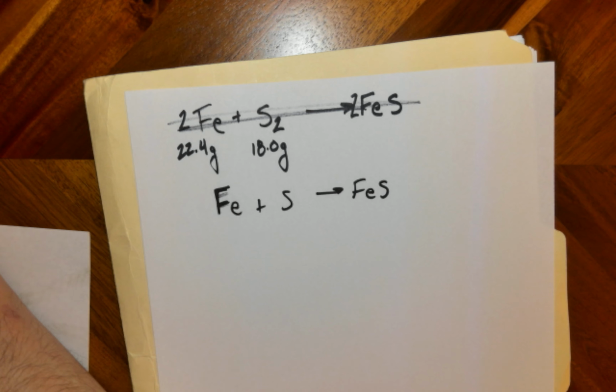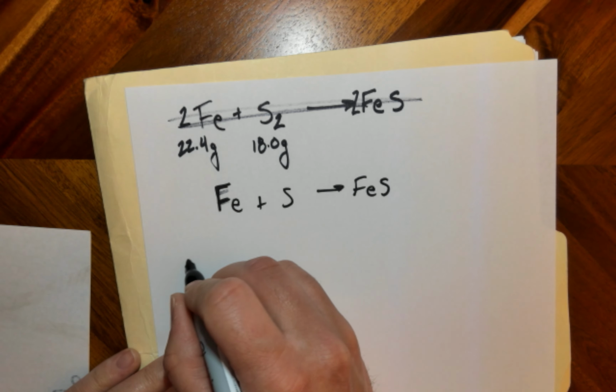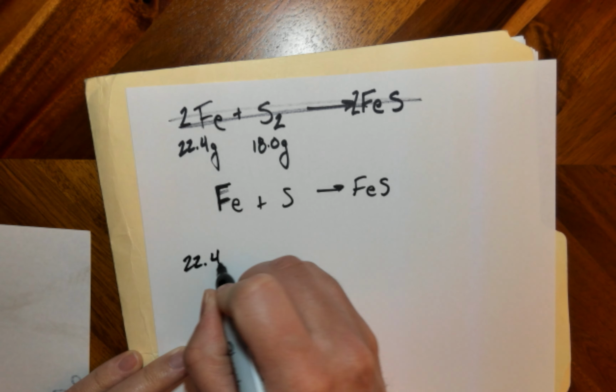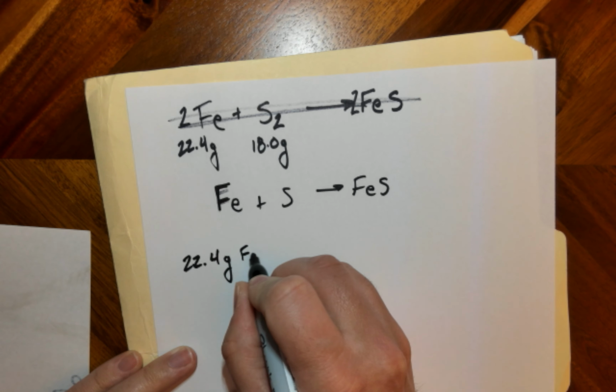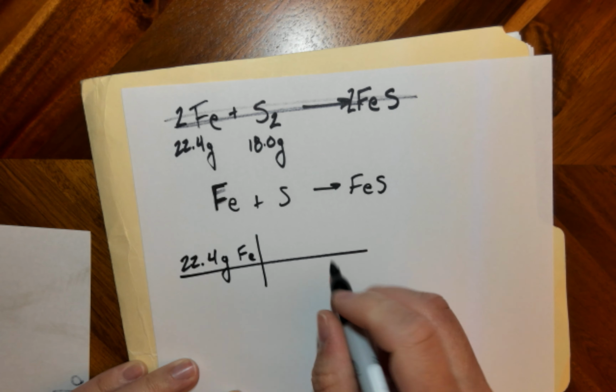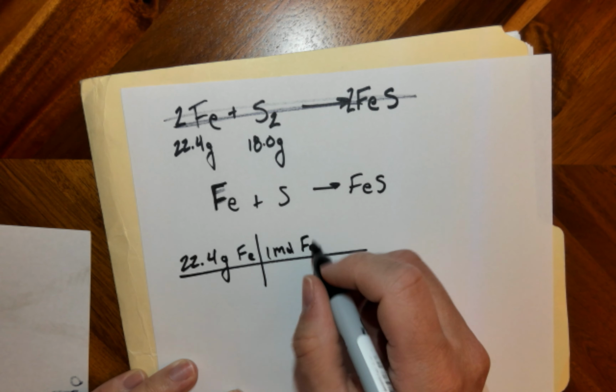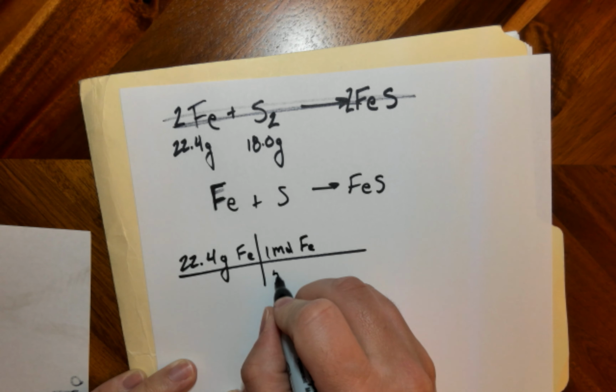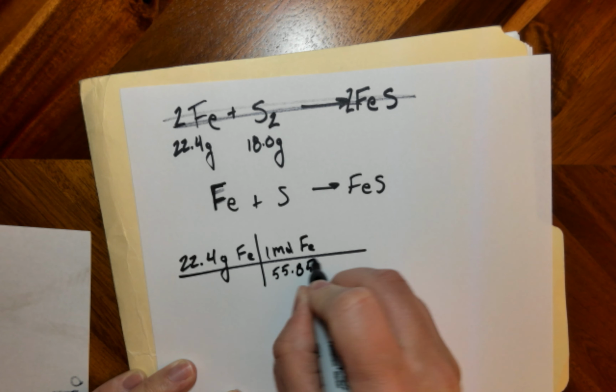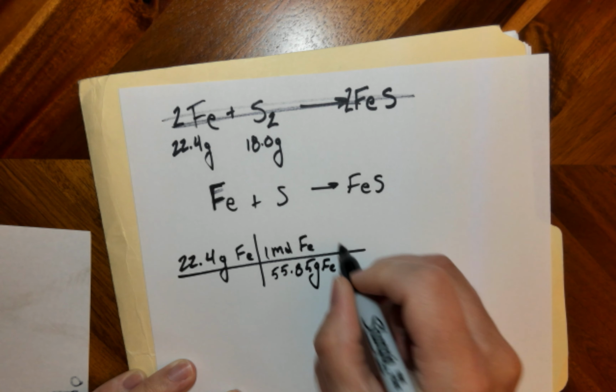All right, so if you've done that, then we can go ahead and calculate from each reactant. So we've got 22.4 grams of iron, and 1 mole of iron is 55.85 grams of iron.